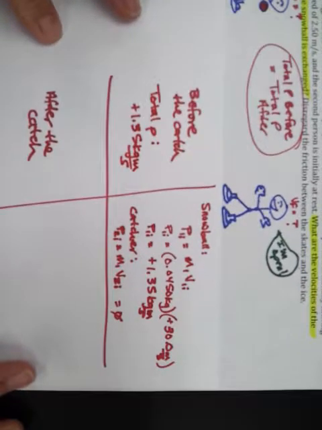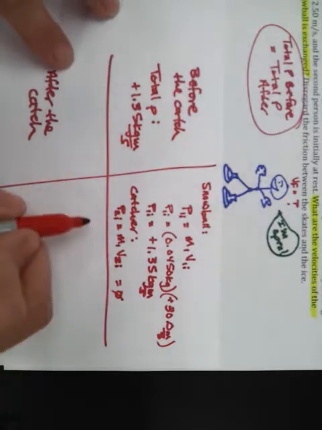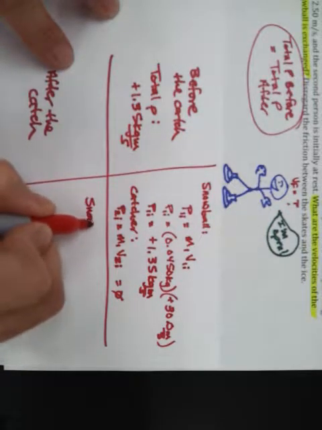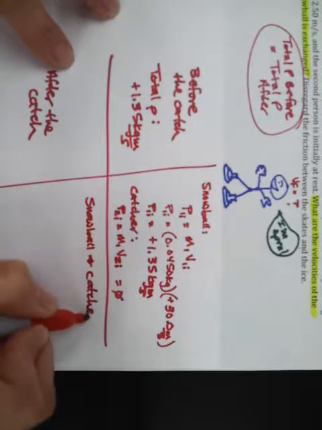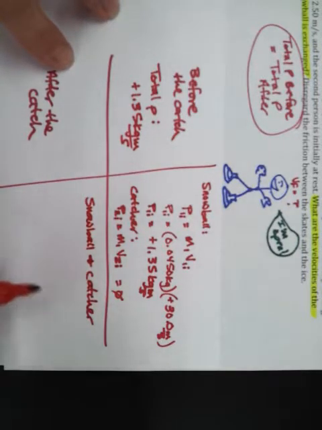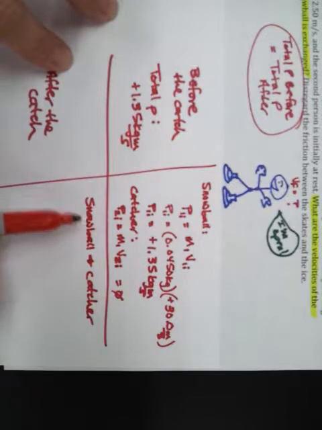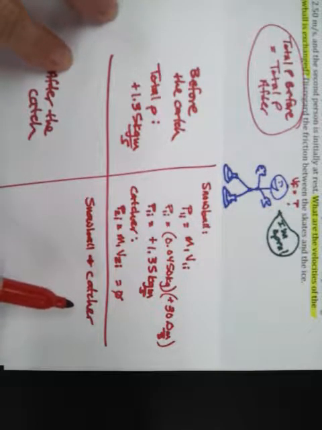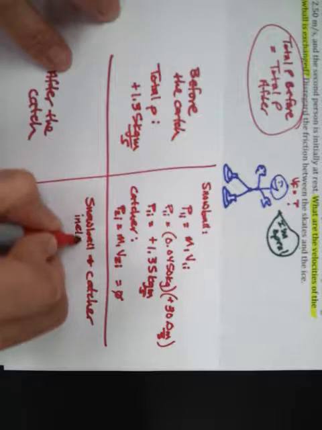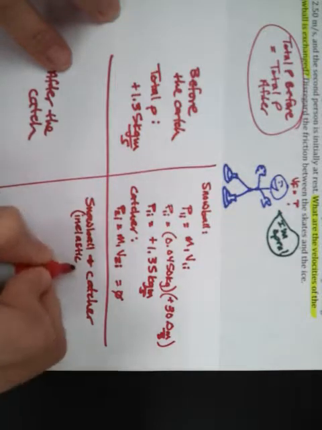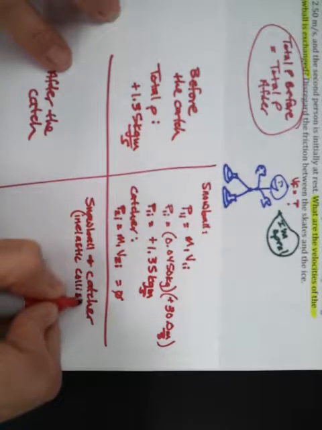Now, after the catch, the snowball and the catcher will have a combined momentum. So this is an inelastic collision in which the snowball is caught by the catcher. So they are going to move together. Okay, so this is an inelastic collision.